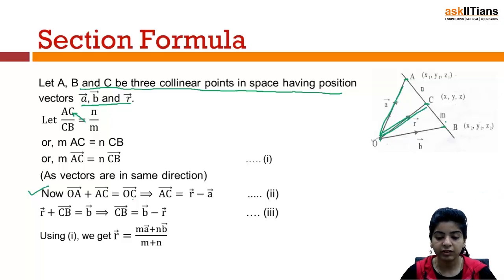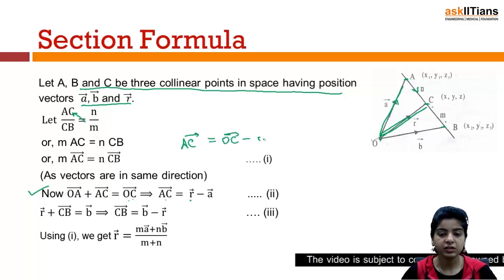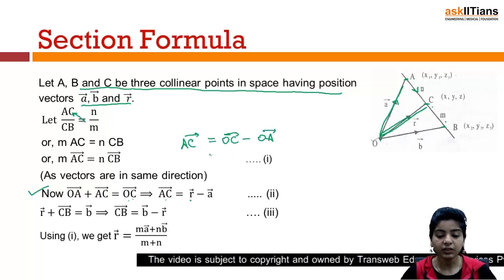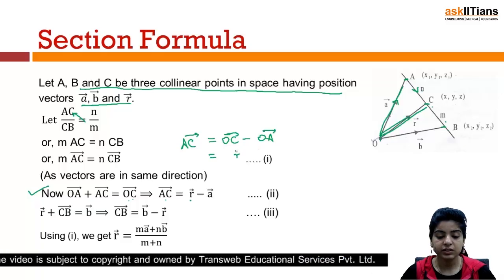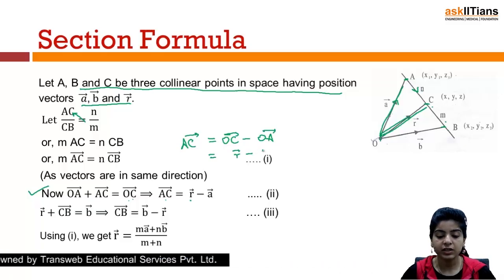OA vector plus AC vector, the resultant would be the OC vector. So OA plus AC is OC, which implies that AC becomes OC minus OA, and OC is R, minus OA is A.